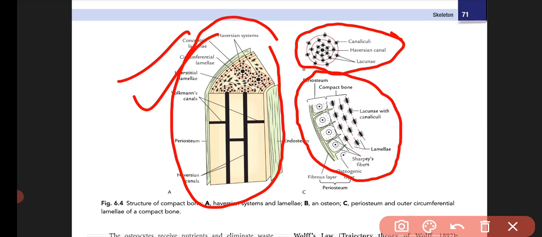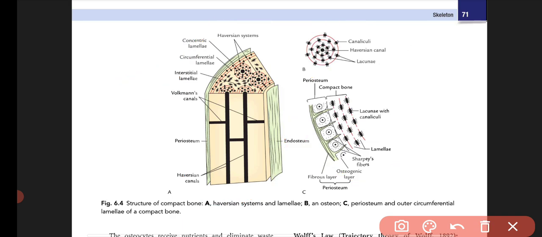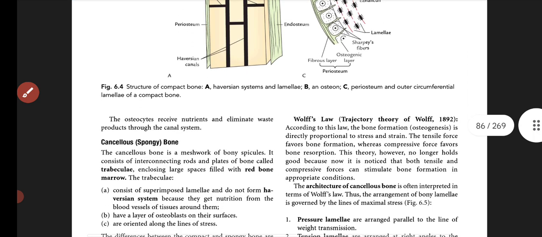Here are the Volkmann canals. See, these are the Volkmann canals, and these are the Haversian canals. Okay, you have to draw this picture.